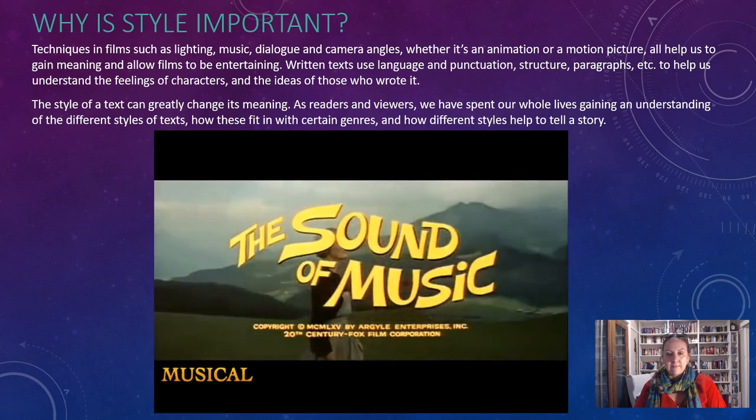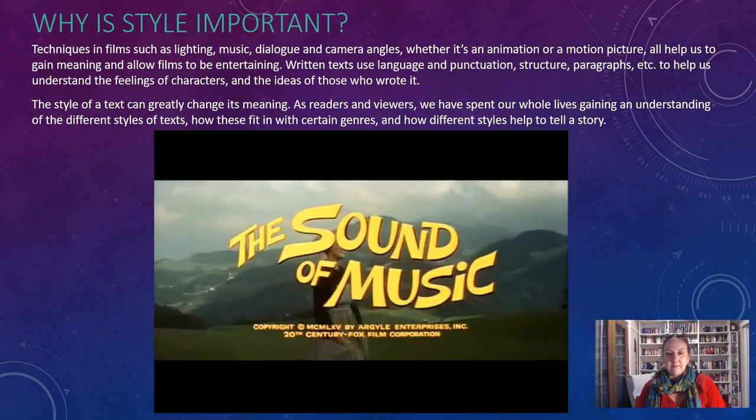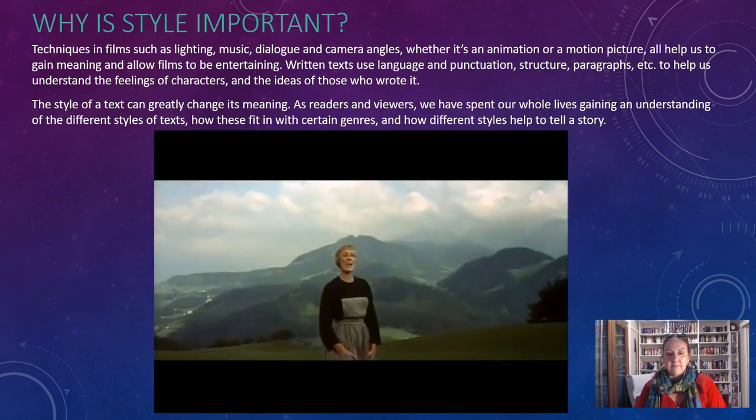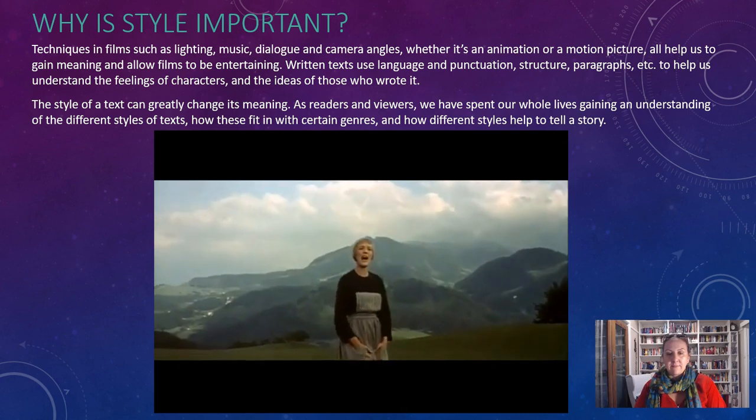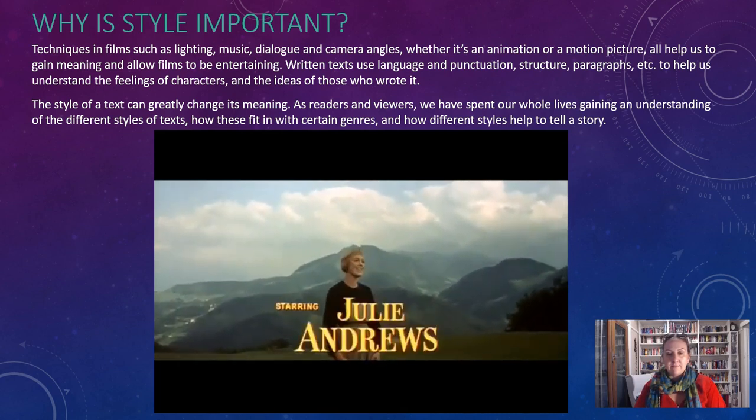With the sound of music, with songs they have sung for 1,000 years.